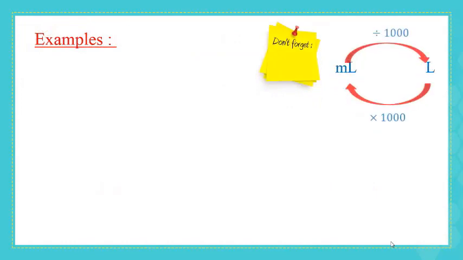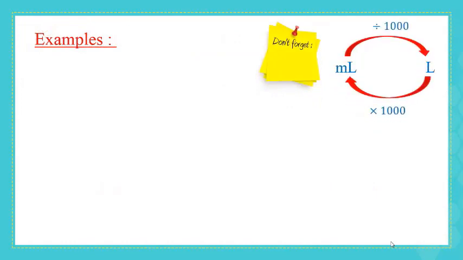Let us solve some examples, but before we start, don't forget that to convert from milliliter into liter, divide by 1000. To convert from liter into milliliter, multiply by 1000. Also, 1 decimeter cube equal 1 liter, or 1 centimeter cube equal 1 milliliter.